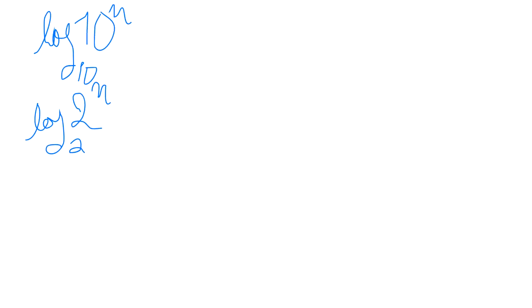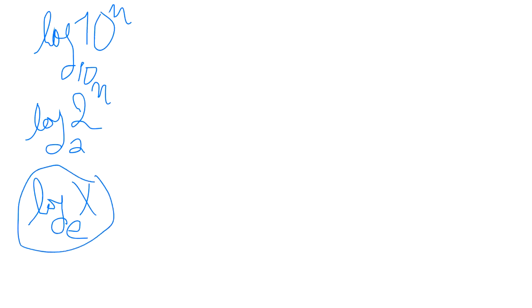And 8 is 2 to the third power, so log of 8 to base 2 will be 3, and so on. And then natural log. Natural log is a log using e, or Euler's number, as the base. That e is called Euler's number.